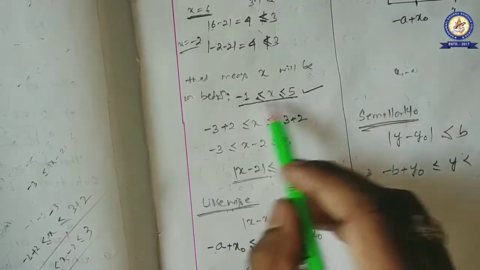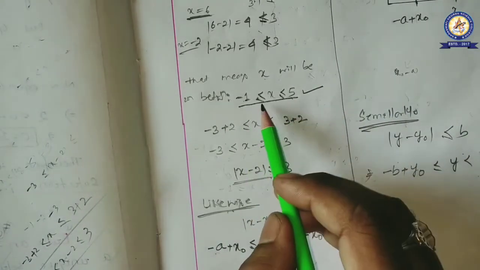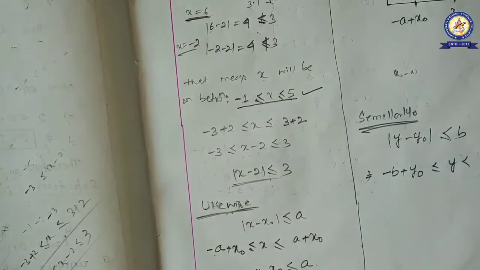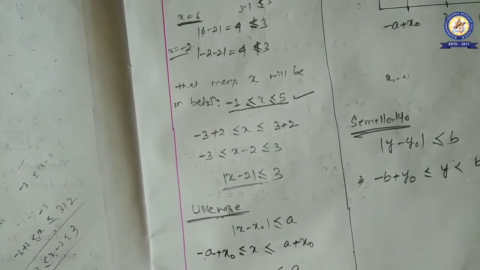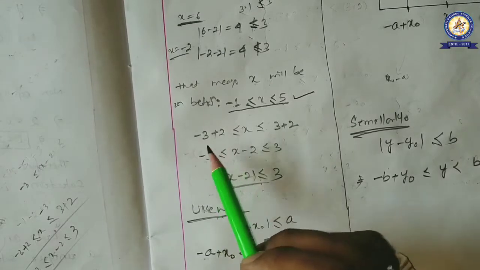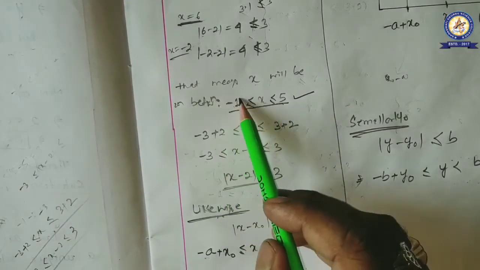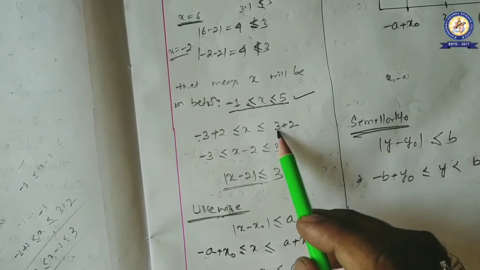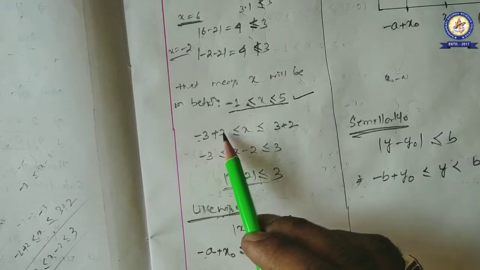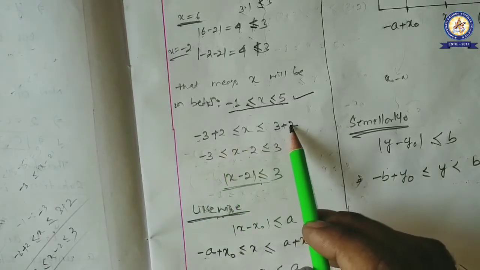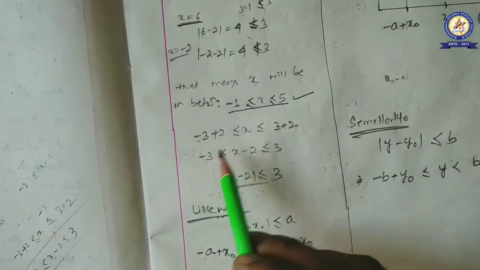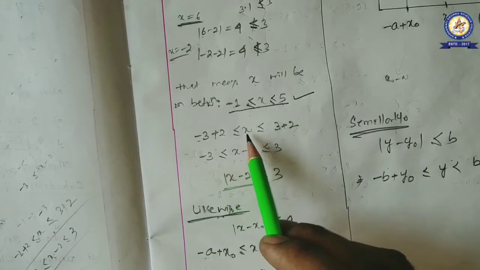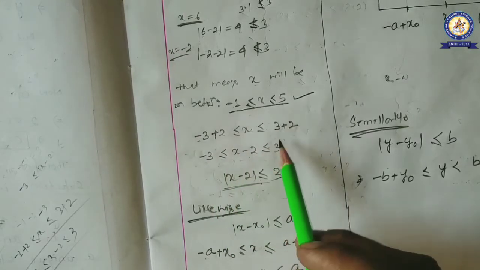Okay, so here I am going to write that minus 1 can be written as minus 3 plus 2, and 5 can be written as 3 plus 2. If I take plus 2 to this side, it will be minus 3, this will be x minus 2, and this will be plus 3.